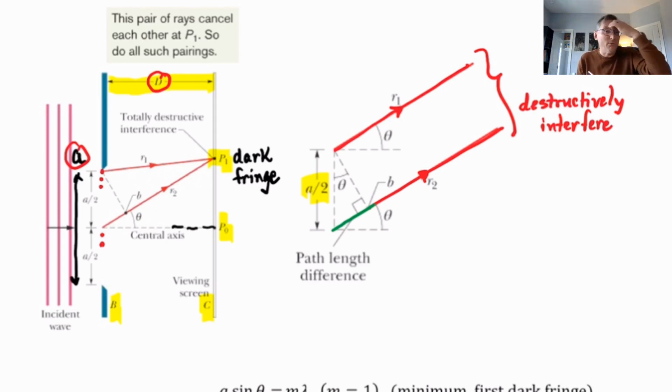All right, now, because I want those two waves to destructively interfere, then I know that the path length difference, delta L, between them must be, in this case, half a wavelength. That will put them crest to trough, and they will fully destructively interfere when combined.